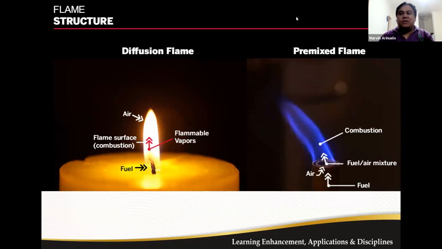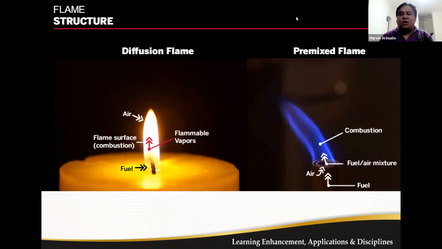On the other hand, the premix flame occurs when the fuel and oxygen come together before the point of reaction. So that is the big difference. With a diffusion flame, the fuel and oxygen mix at the point of reaction, but with a premix flame, the fuel and oxygen mix before the point of reaction.